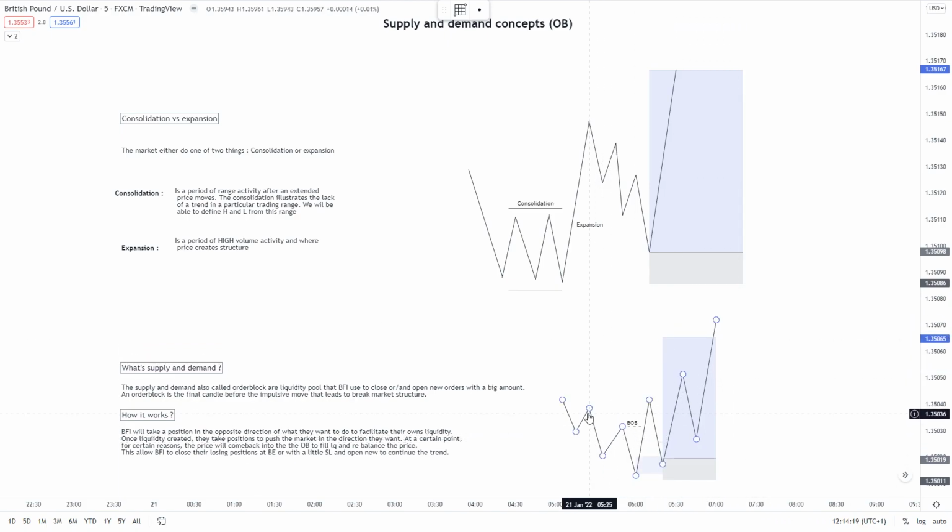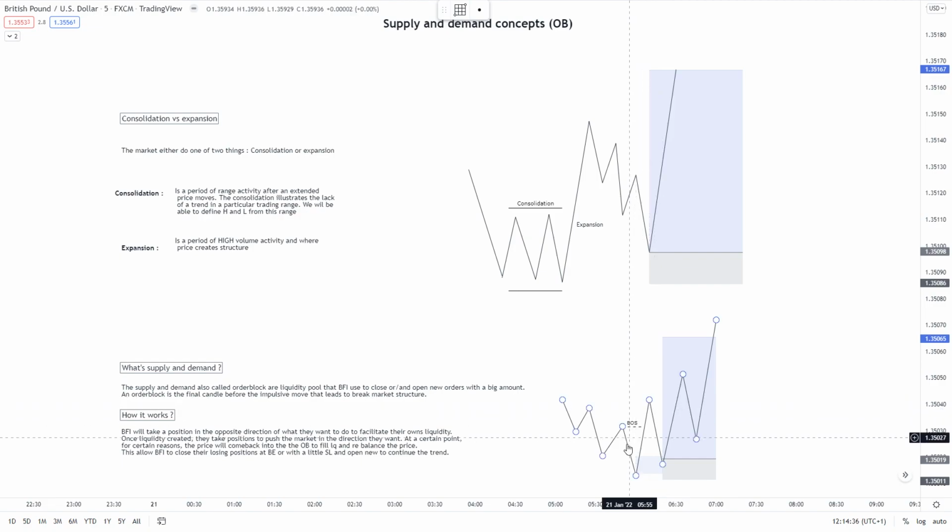And so the banks and financial institutions will take a sell to facilitate their own liquidity. After, they will take a buy, and at a certain point, for certain reasons, they will come back into the POI.